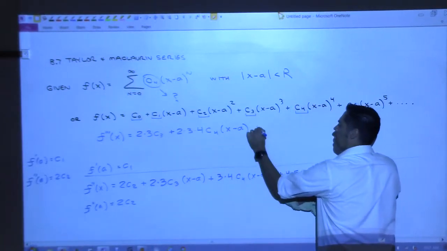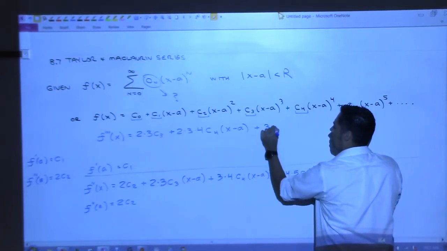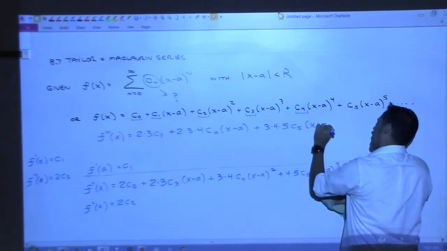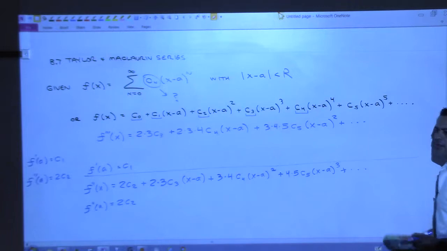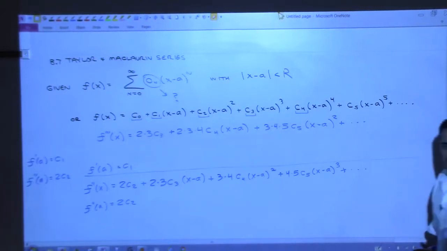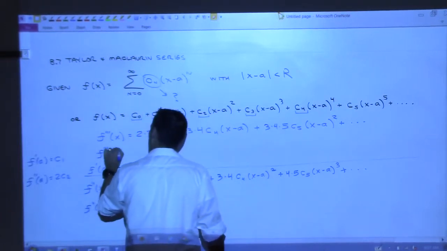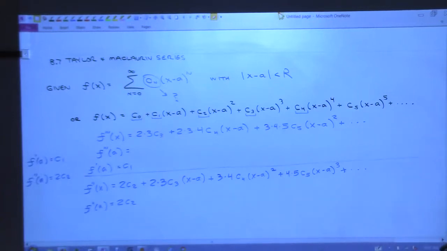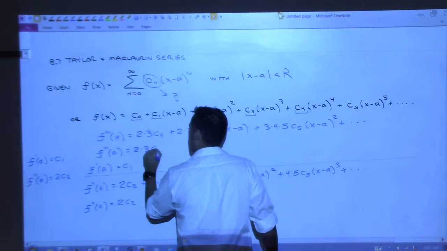This next one will be 3 times 4 times 5, c sub 5, X minus a squared. Plus dot, dot, dot. And what am I going to do with that? Evaluate it at a again. What's the third derivative at a? So this gets killed off, that gets killed off, everything else gets killed off. All you have left is 2 times 3 c sub 3.